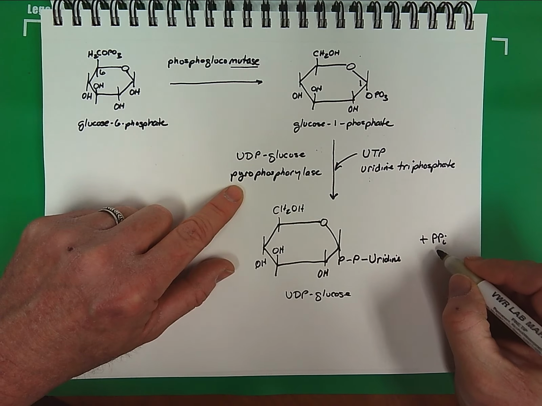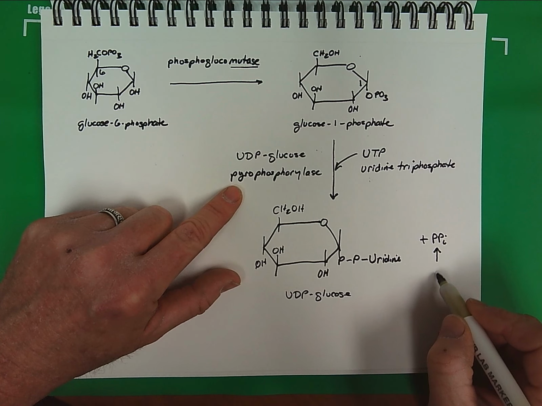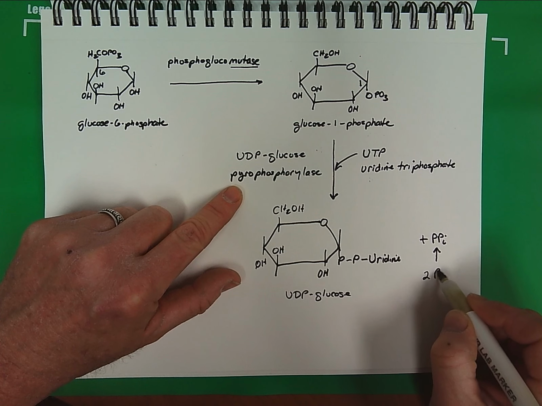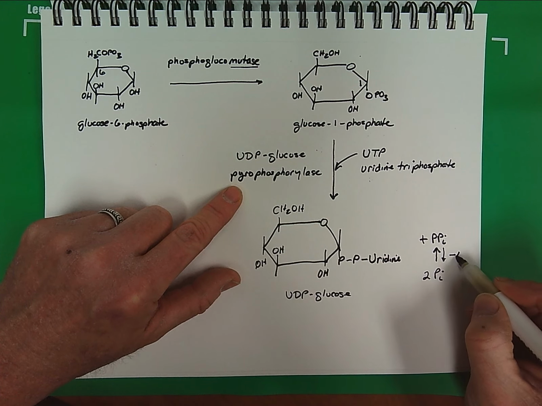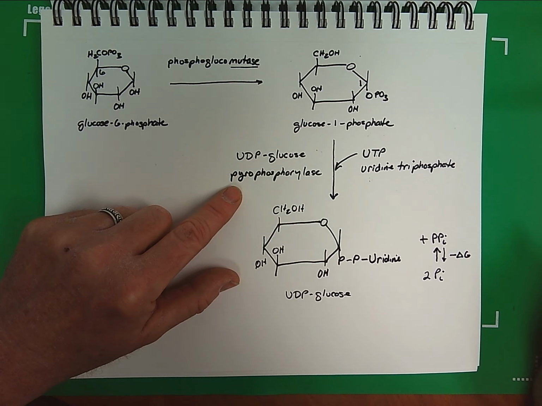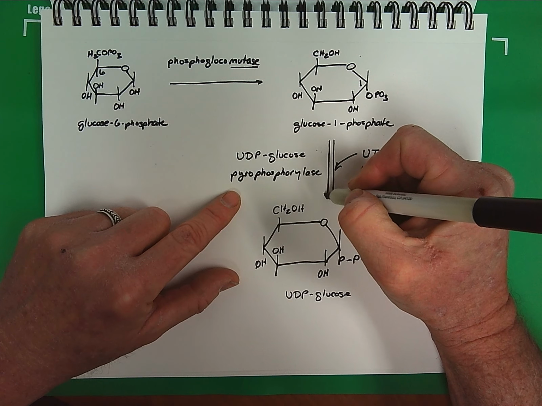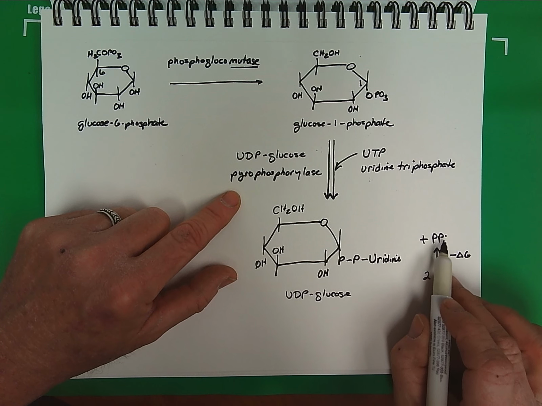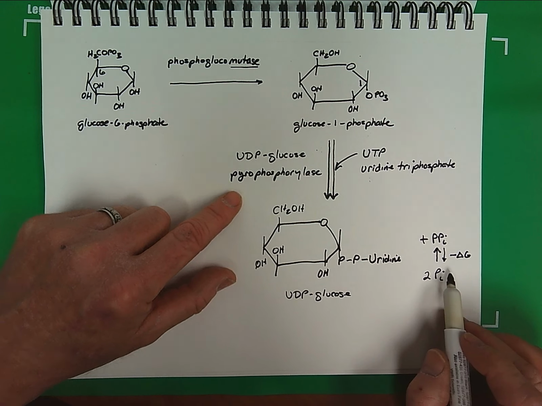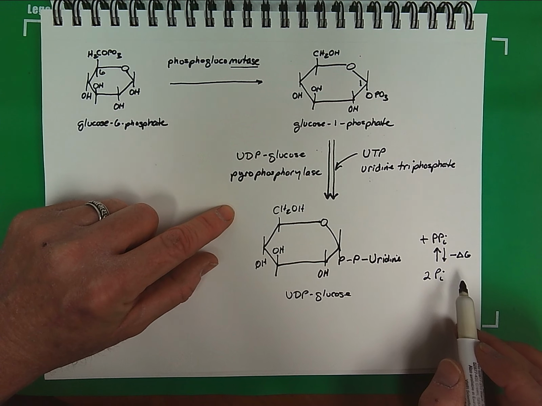What that is going to do is cleave these 2 phosphates into 2 inorganic phosphates. When this happens, this provides us with a very large negative free energy change, which is going to ensure this is not reversible. So this hydrolysis of this extra phosphate bond is going to provide the energy to make sure this reaction goes to completion.